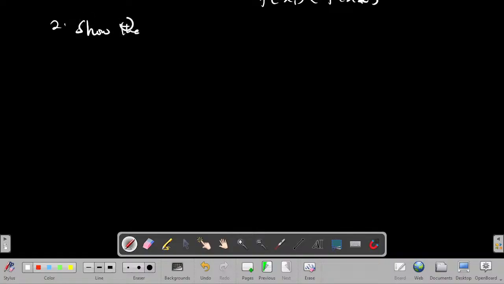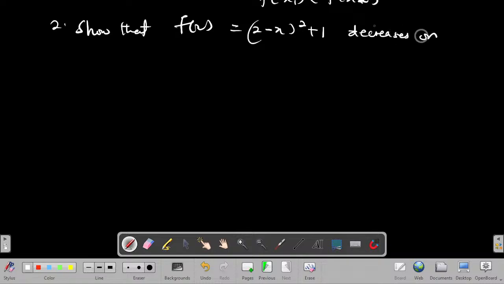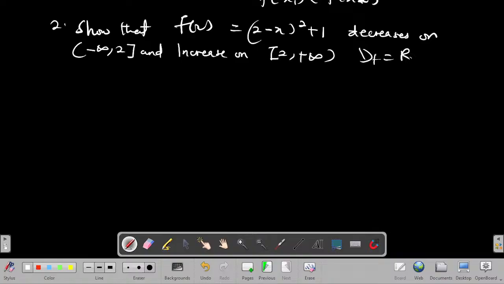Show that f of x, which is equal to 2 minus x all squared plus 1, decreases on negative infinity comma 2 and increases on 2 comma positive infinity, where the domain of f is equal to all real numbers.